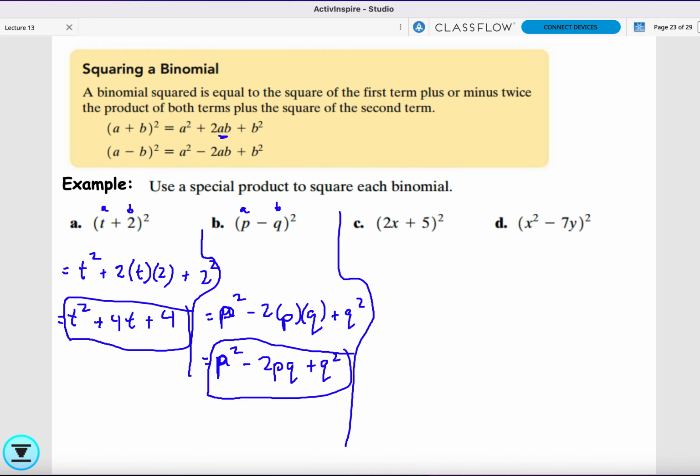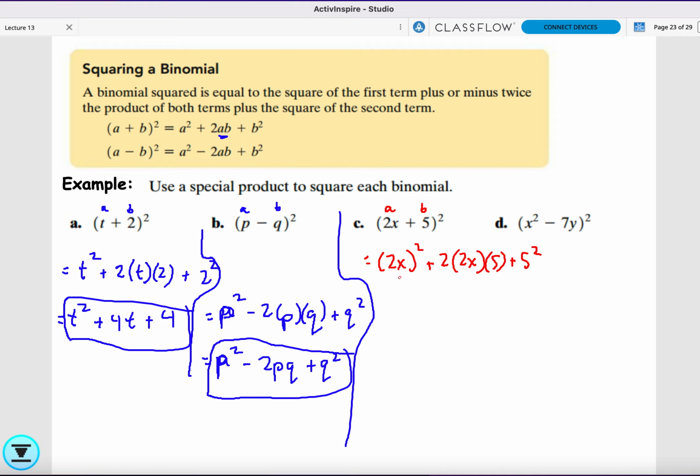So let's look at C. So this is A, this is B. So then we get a squared, so that's equal to (2x) squared plus 2 times 2x times 5 plus 5 squared. Formula, right?